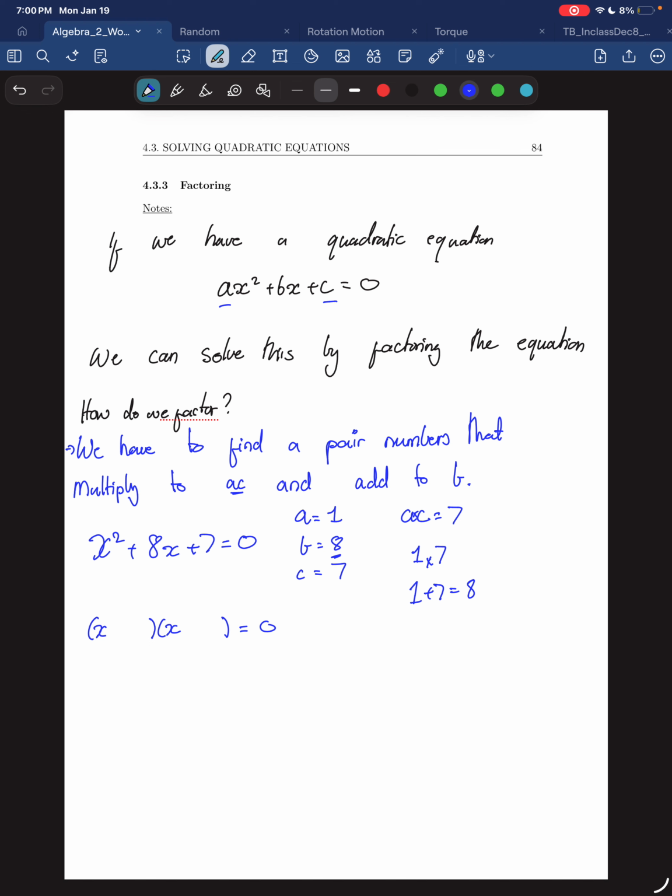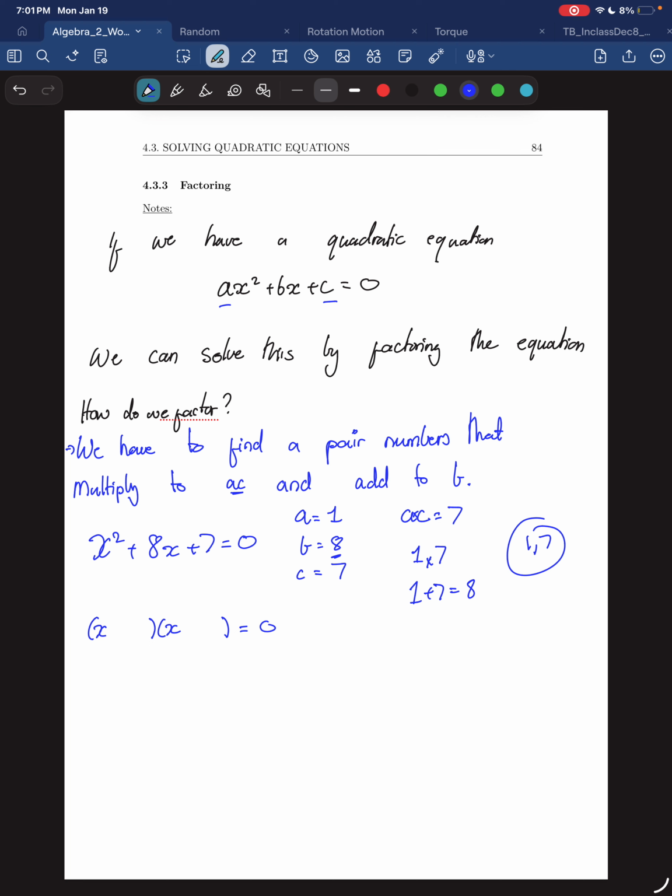Remember, the numbers we find have to multiply to AC and add to B. So 1 times 7 equals the product of A and C, and 1 plus 7 adds to B. What do I do with these numbers, 1 and 7?